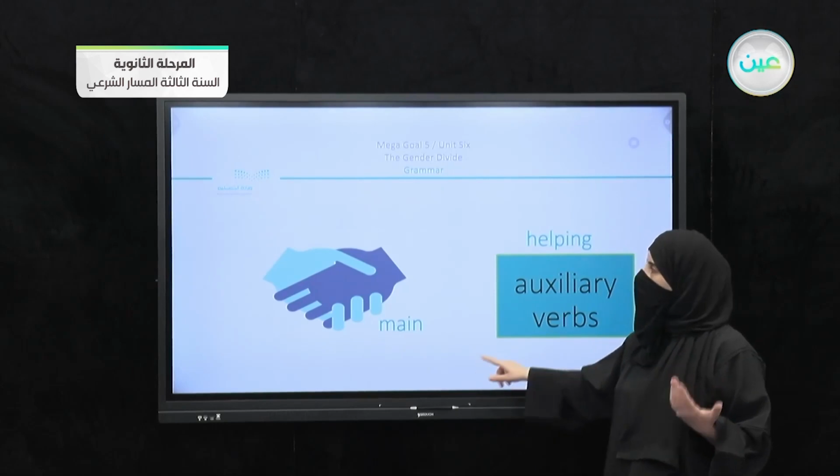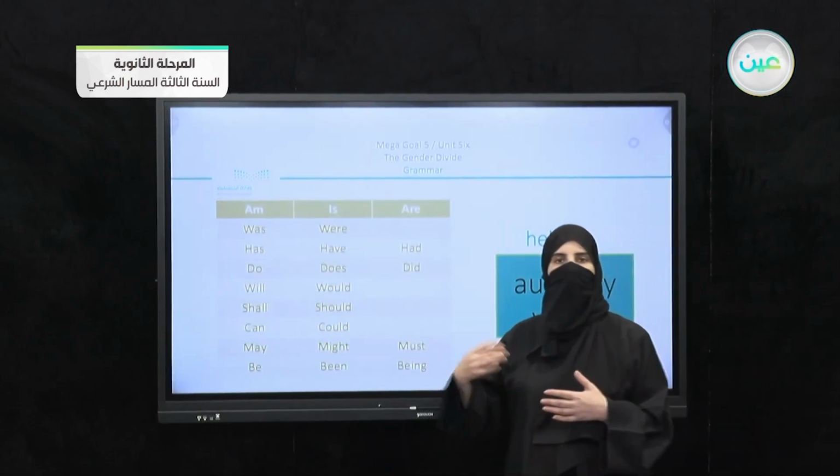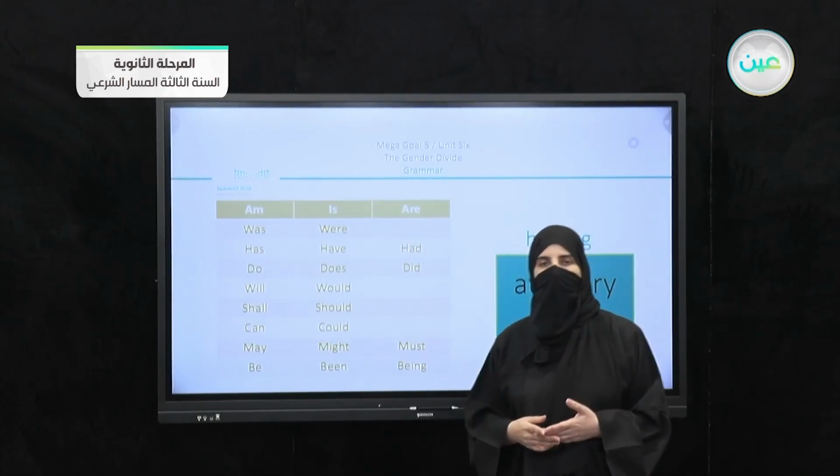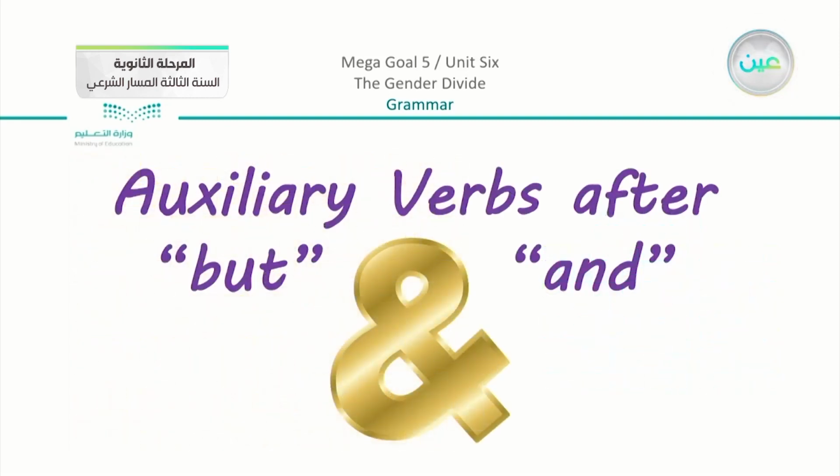So when we have verb to be, we know that verb to be is related to is, are, and am. And you can see that there are different auxiliary verbs that can be used in a sentence as a helping verb. They can be main verbs as well, but basically they have a very important role as an auxiliary or helping verb.